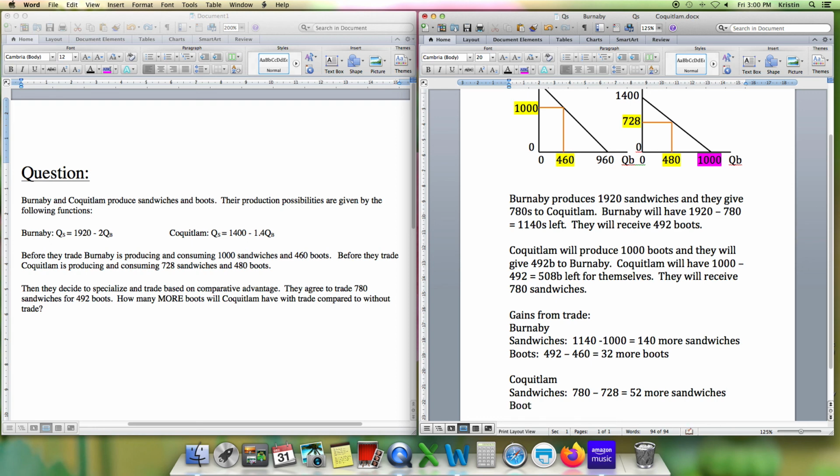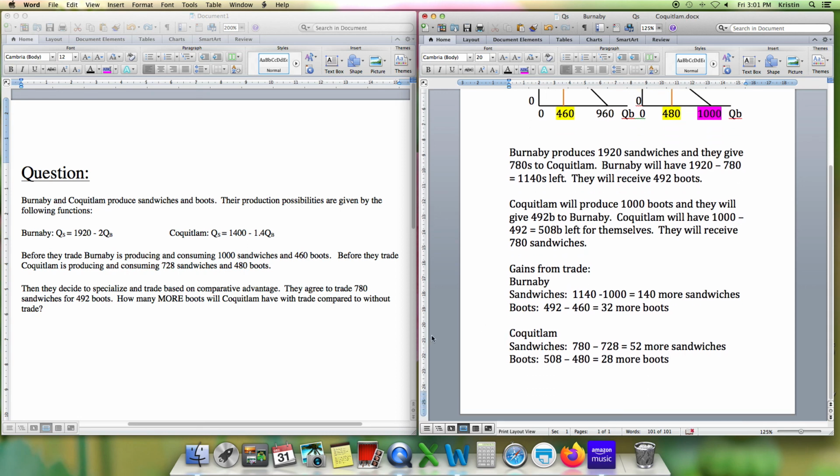And boots. They have 508 now. They had 480 before. So that's an extra 28. Good, so these are their gains from trade.